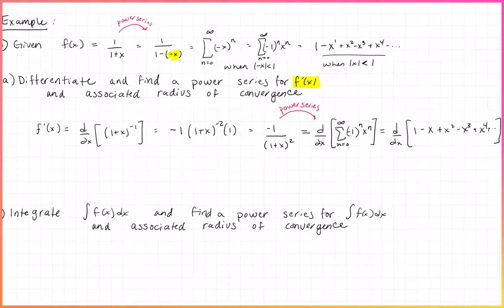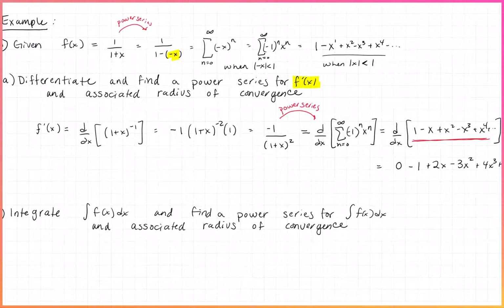When we write a power series, it is representing that infinite polynomial. And it's easy enough to take the derivative of polynomial terms. So when we take the derivative, clearly the derivative of 1 is going to become 0. Let's just write this down here. So the derivative of 1 is going to be 0 minus 1 plus 2x minus 3x squared plus 4x to the third, and so on.